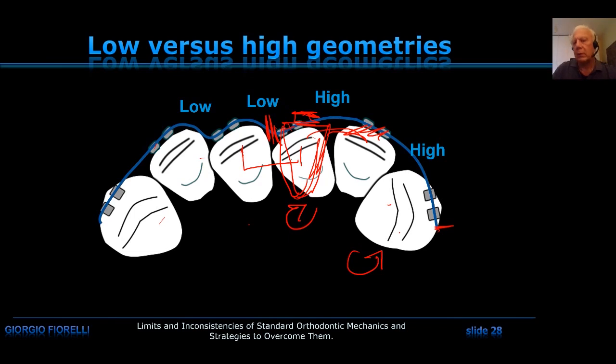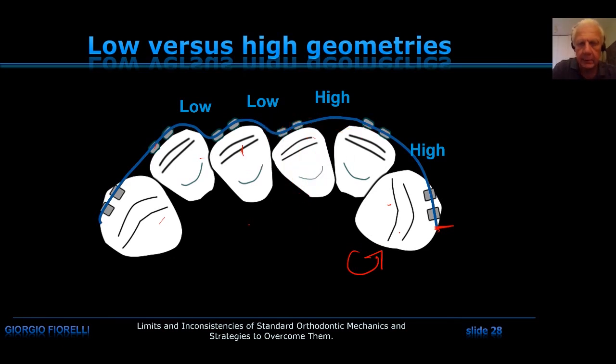Well, you can do several things. You can decide that first you start rotating this incisor. It won't take very much, maybe 1 or 2 months, and this is okay. But what happens once that this central incisor is uprighted? Look at this.